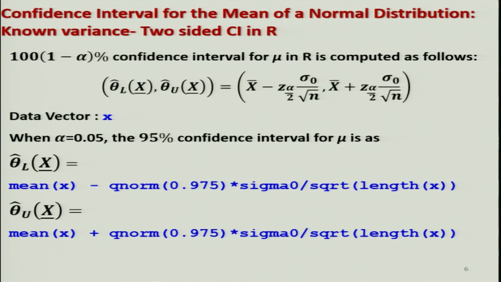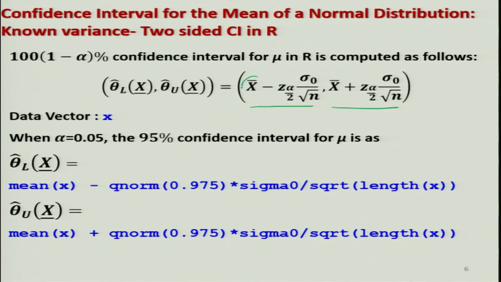Now, in case if you want to compute this interval in the R software, well, there is no direct command in this case, but when we are trying to do the case when sigma square is unknown to us, then we have a direct command and we can obtain the confidence interval directly. So, if you try to see the structure of this interval, the lower limit and the upper limit, then you know how to compute each of the factor, each of the term.